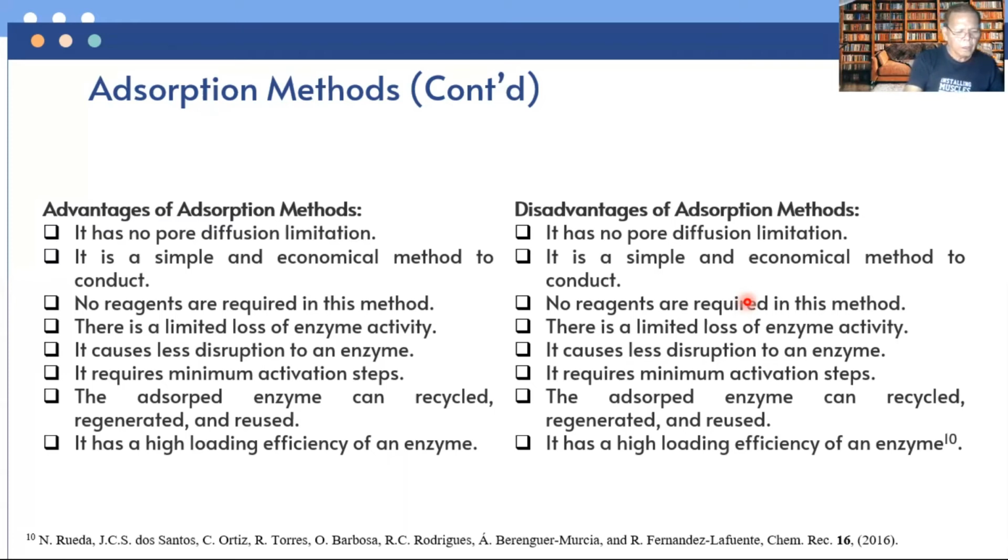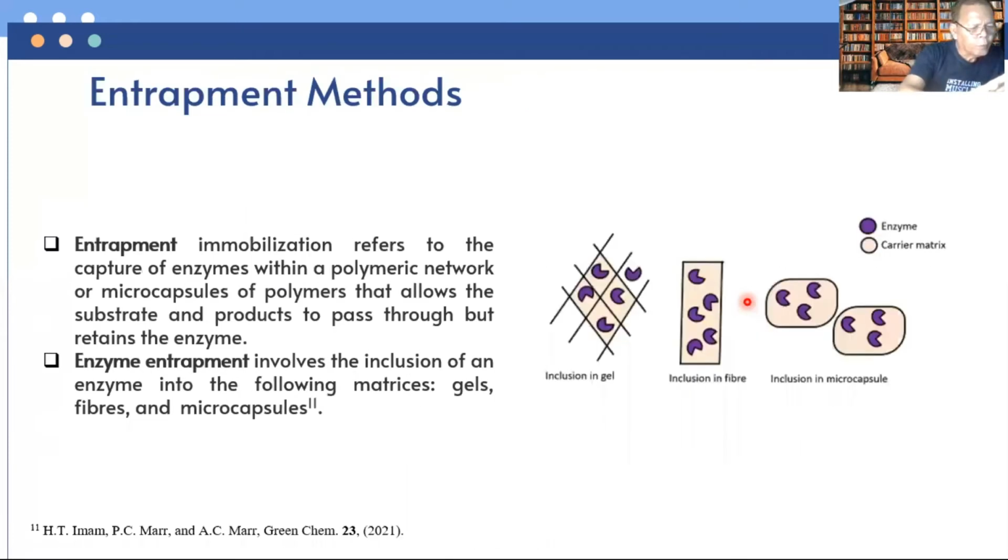Then let's move to the entrapment method. Entrapment immobilization refers to the capture of an enzyme within a polymeric network or microcapsule of polymer that allows the substrate and product to pass through but retains the enzyme.